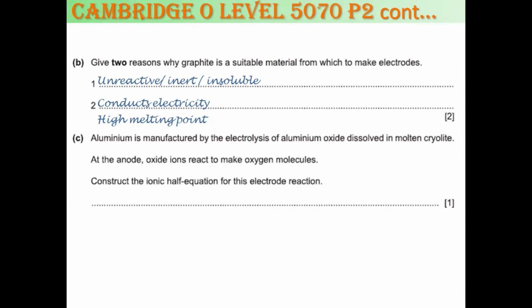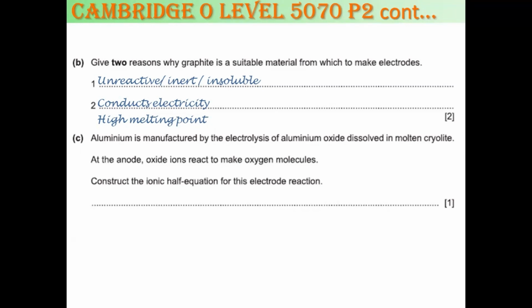For instance, you say unreactive for point number 1, conducts electricity for point number 2, soluble in the electrolyte for point number 3, you will only get 1 mark because the third one is incorrect, soluble in the electrolyte, and kind of contradicts your initial number 1, unreactive. So you only get 1 mark there. So my advice to you is when you are asked to give 2 reasons, you give 2 reasons.